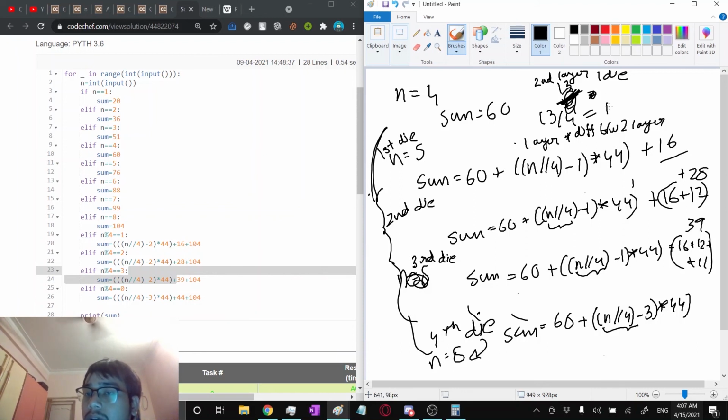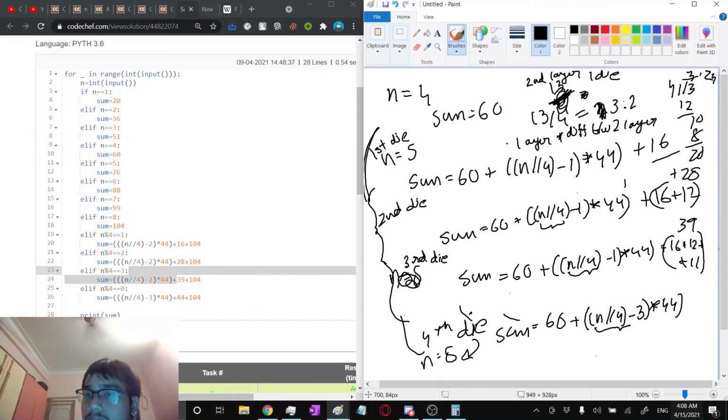It would be 3.25, right? 3.25, but by adding the double slash, we are getting it as only 3.